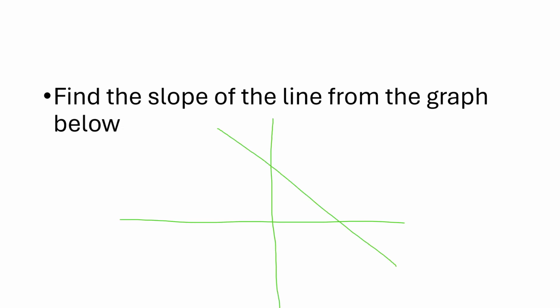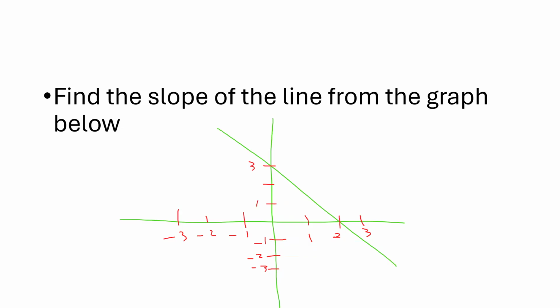So I'm going to label this axis: 1, 2, 3, -1, -2, -3, and on the other axis, -1, -2, -3.